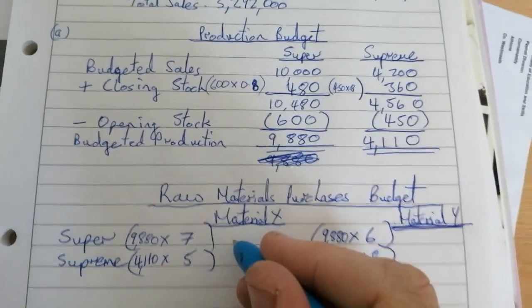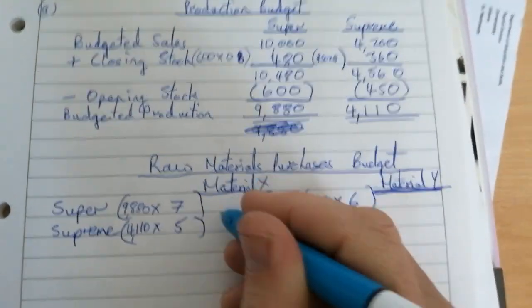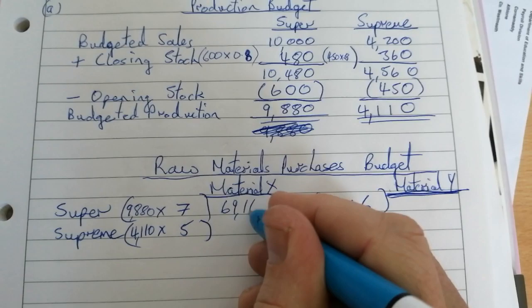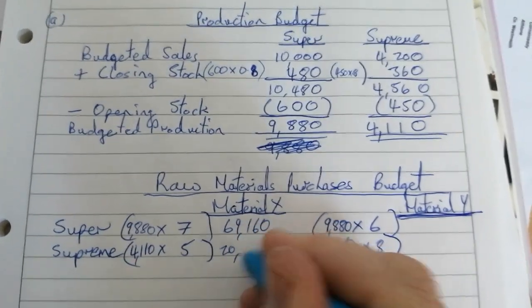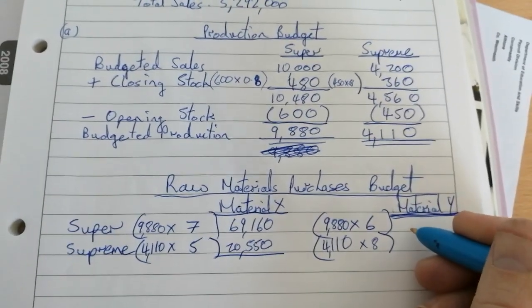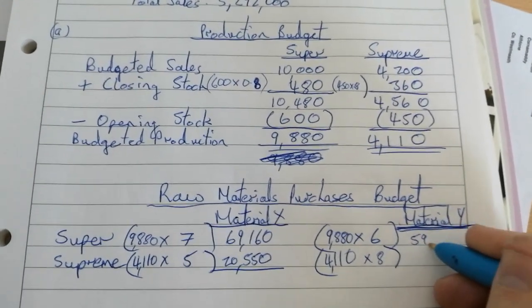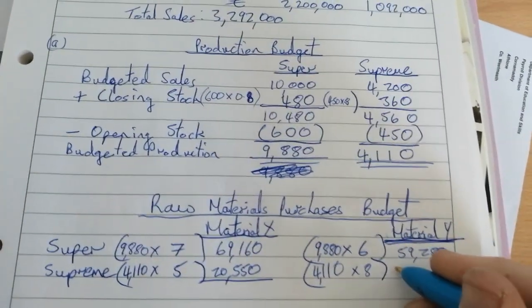Now, I multiplied these while I had paused the video a second ago. The answers are 69,160 and 62,550, and this one is 59,280 and 32,880.